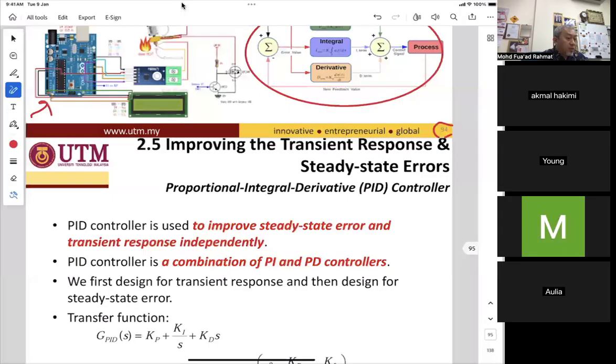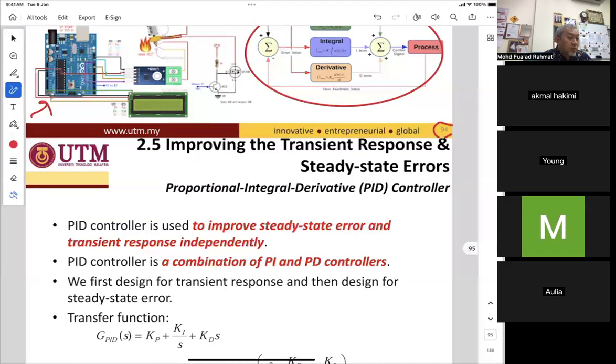We learned previously that the P controller has a disadvantage: it produces steady state error. Then we came out with the solution to solve the steady state error by introducing a PI controller. Then we solve the steady state error, but it takes a long time for the system to achieve zero steady state error.